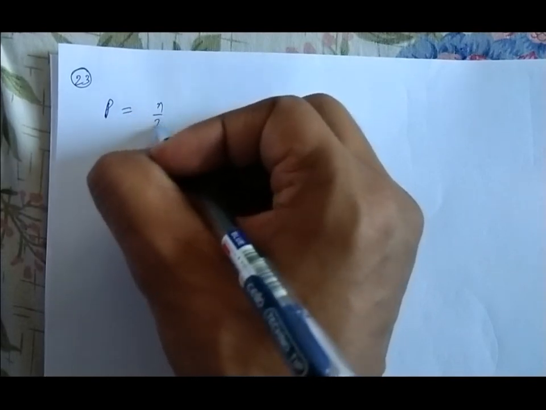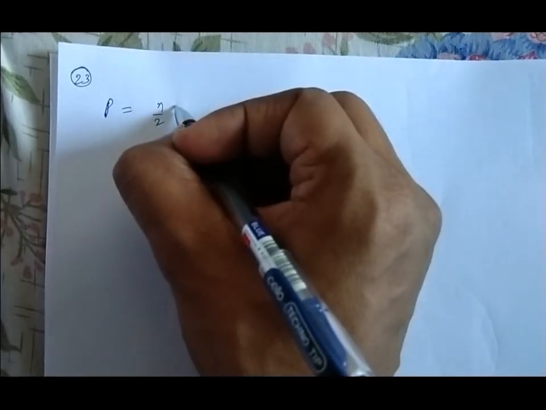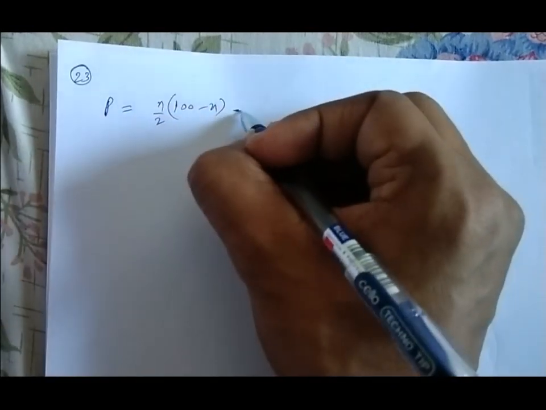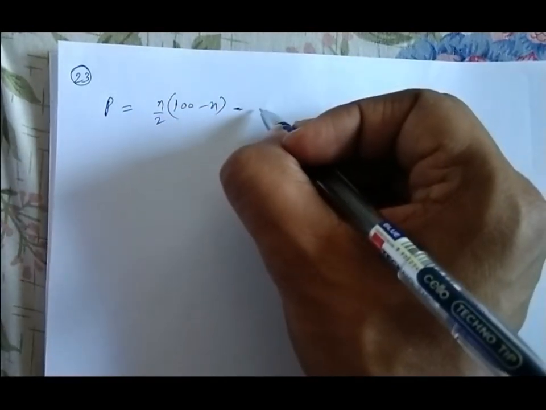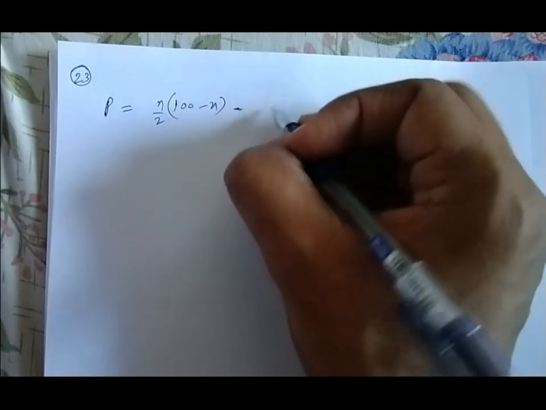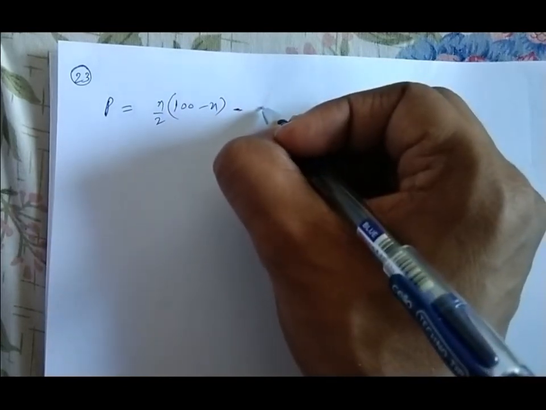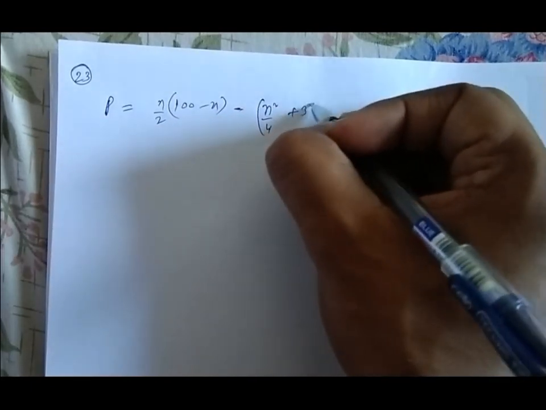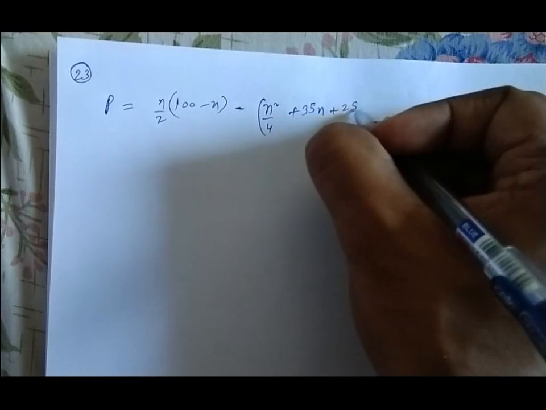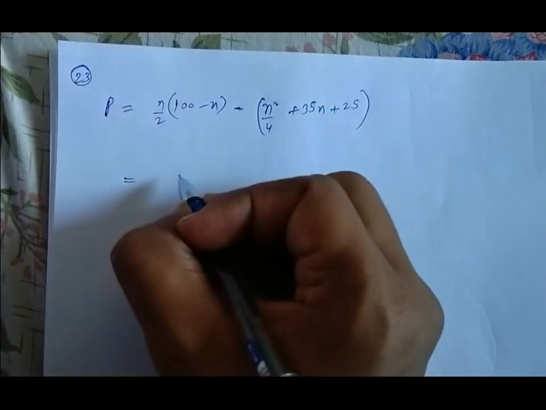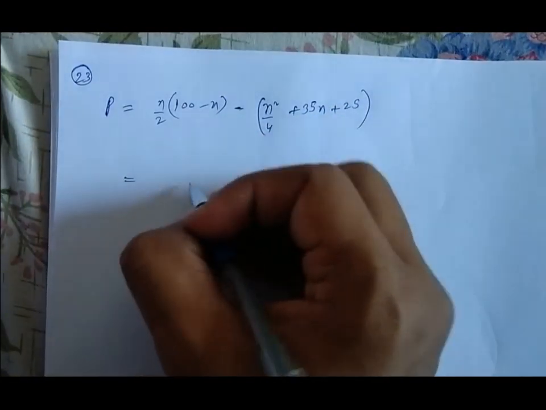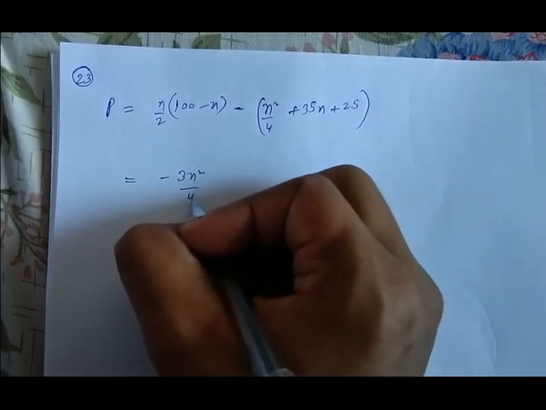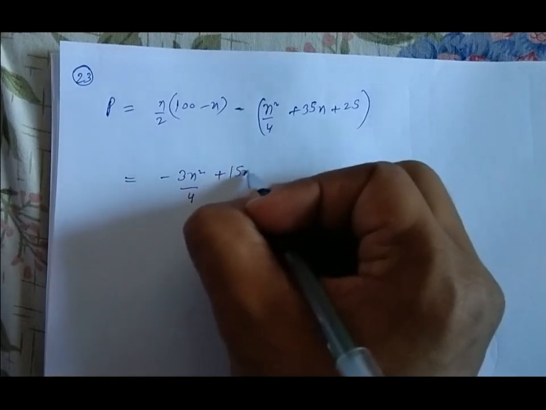So selling price is n by 2 into (100 minus n), minus its cost price, which is n square by 4 plus 35n plus 25. Simplifying this, we get minus 3n square by 4 plus 15n minus 25.